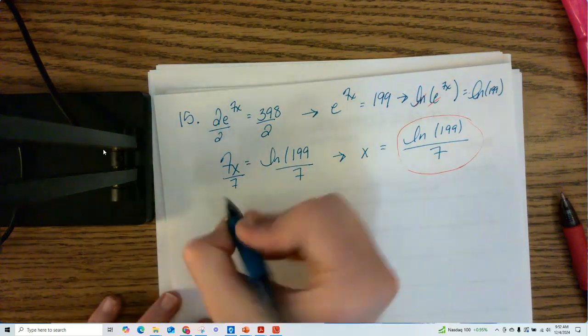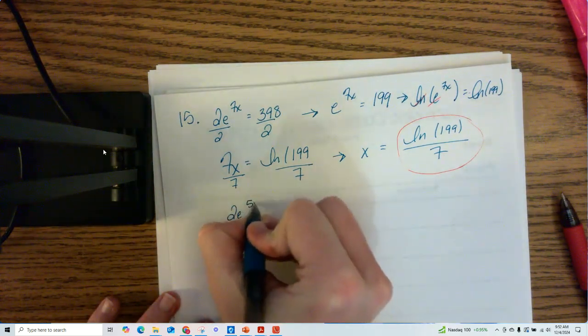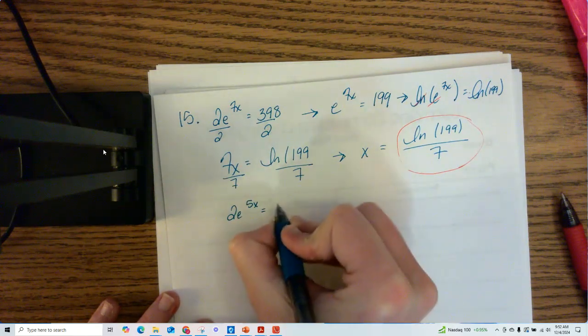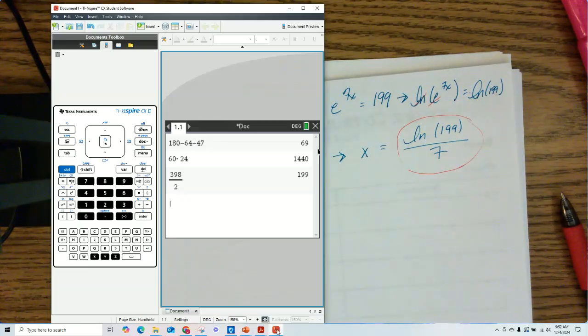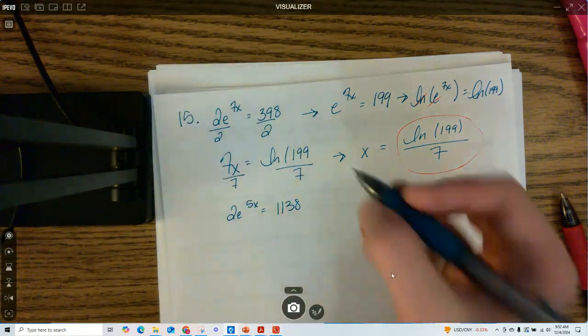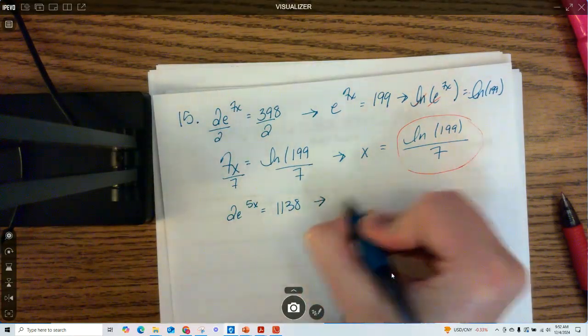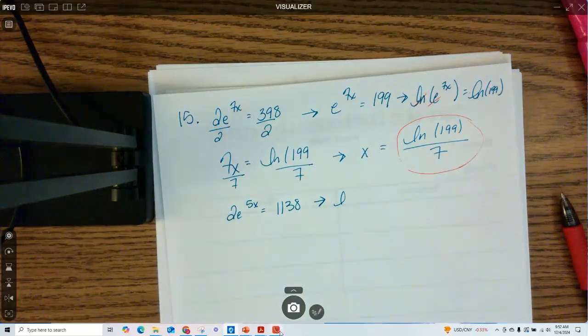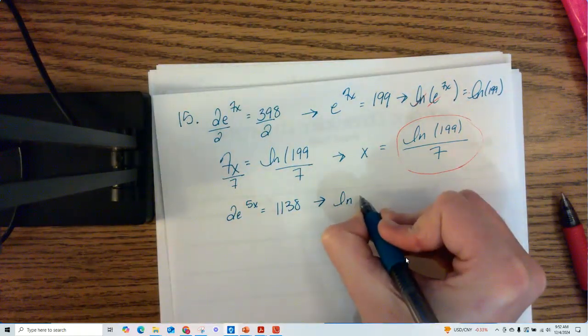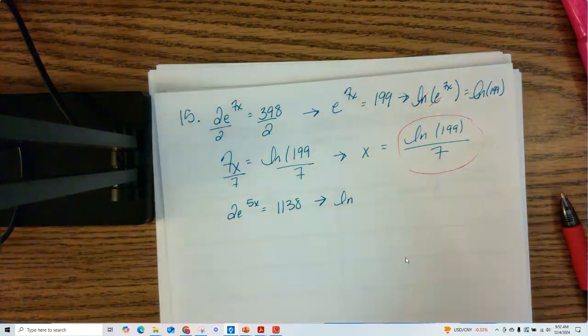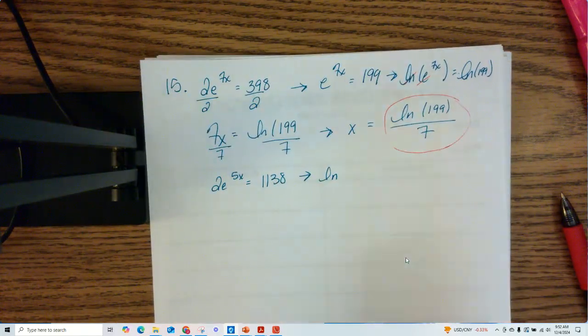2e to the power of 5x equals 1138. So I divided everything by 2 and got 569. Natural log.